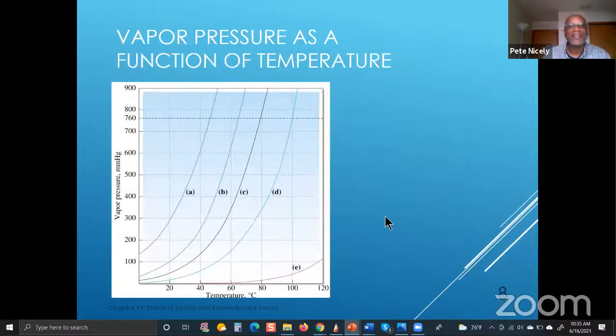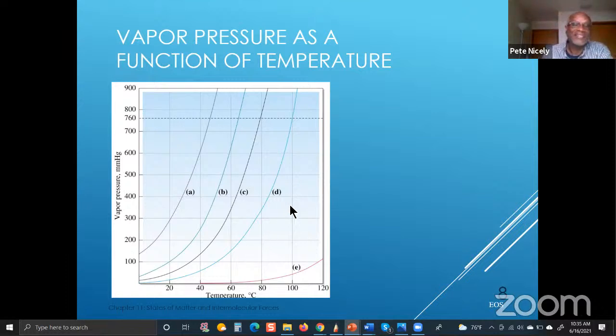Yes, it does. And this shows you for different substances a plot of vapor pressure versus temperature. Now, if I'm not mistaken, the blue line here labeled D, that is the curve for water. The others, to be perfectly honest, I don't know what they are.